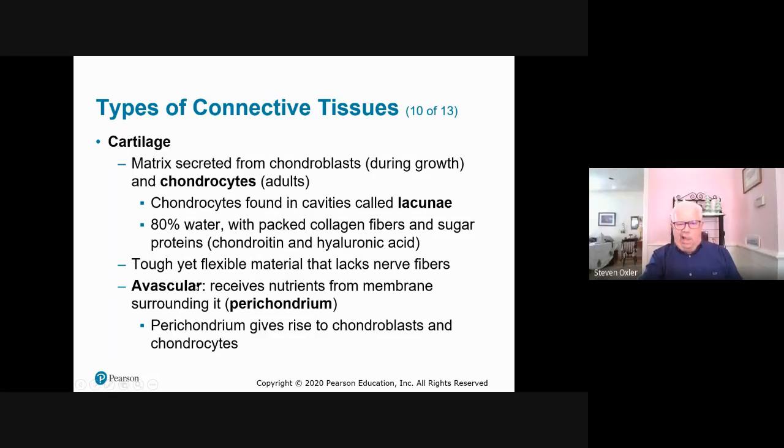Cartilage gets its blood supply from the surrounding tissue. And the surrounding tissue of cartilage is called perichondrium. Perichondrium gives rise to not only nutrients, but also gives rise to all the cells.